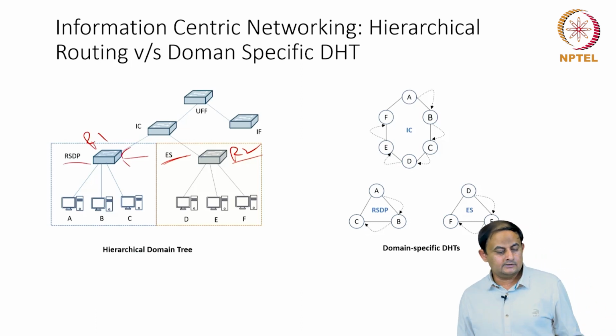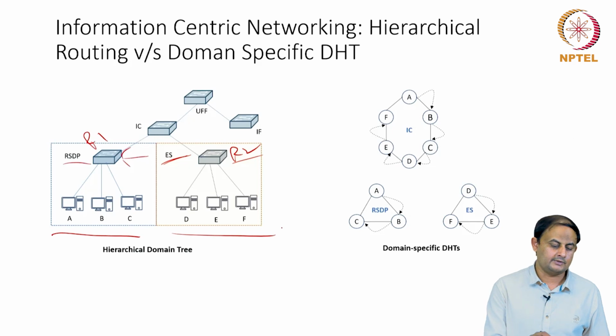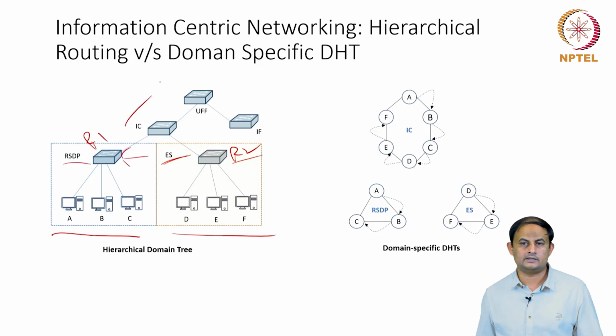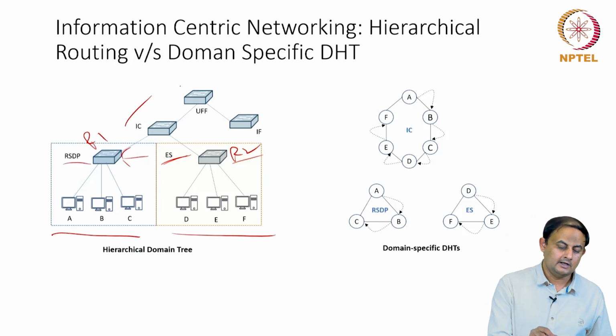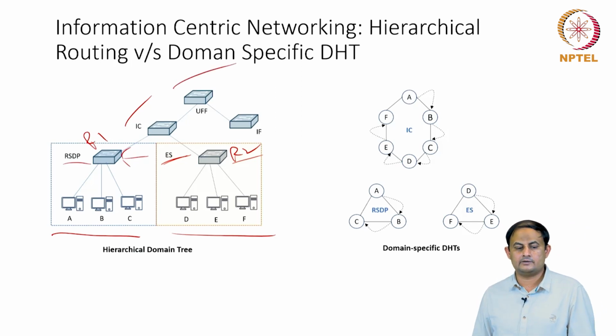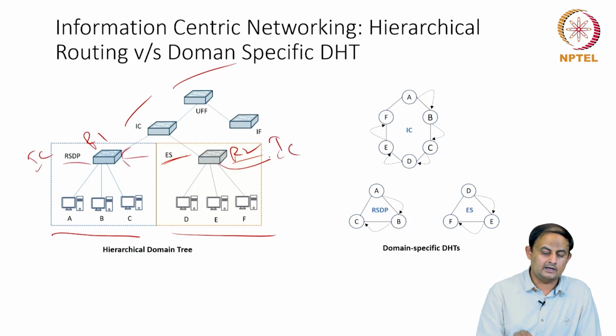On the other hand, both the ABC group and the DEF group are interested in receiving the content with the prefix IC because they are connected in that fashion, and they are also interested in the content generated with the prefix UFF. So I can keep a routing table entry with the prefix IC here at the router R2.